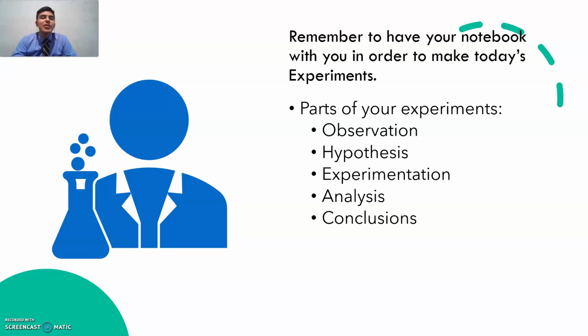But I want you to write something about the real world. So what have you seen outside that, of course, can relate to your experiment? What natural phenomena have you been aware of, okay? And then, of course, you write your hypothesis, you go over the experimentation, analysis, and the conclusions.